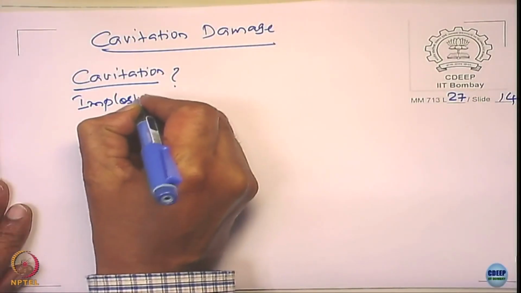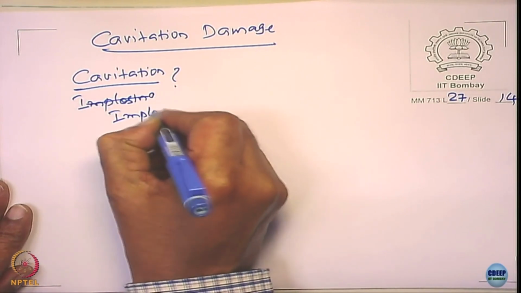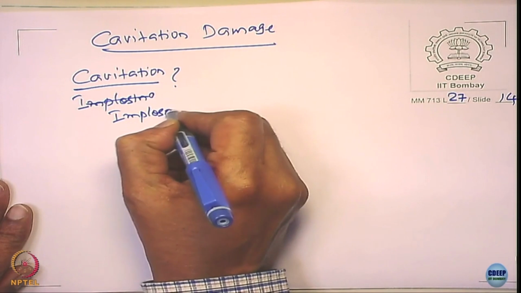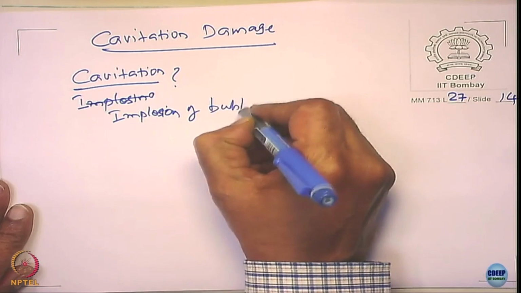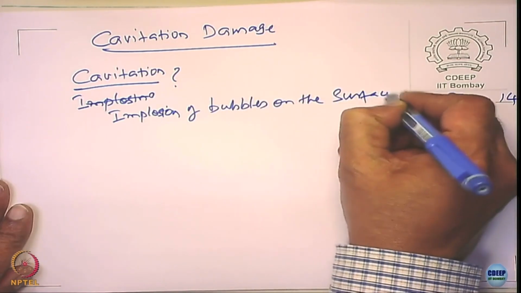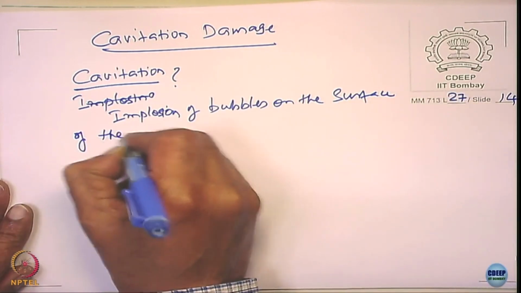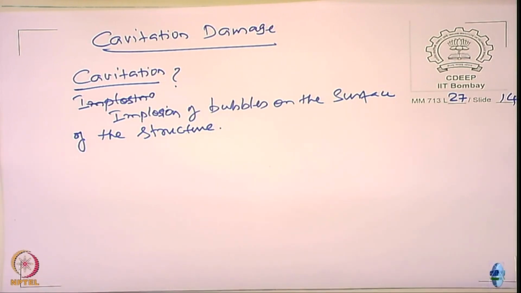So, cavitation damage essentially happens because of implosion of bubbles on the surface of the structure. And this transfers a huge amount of energy onto the structures.